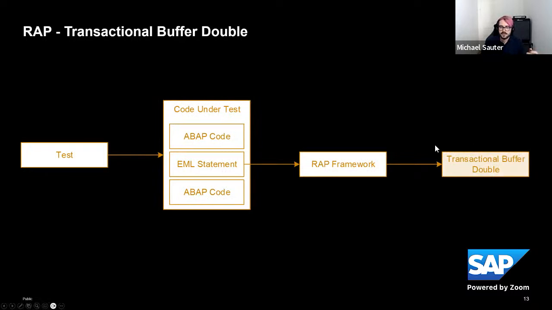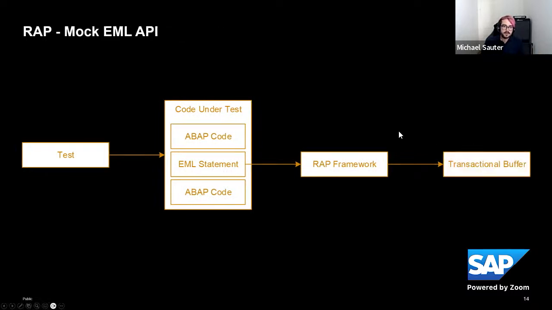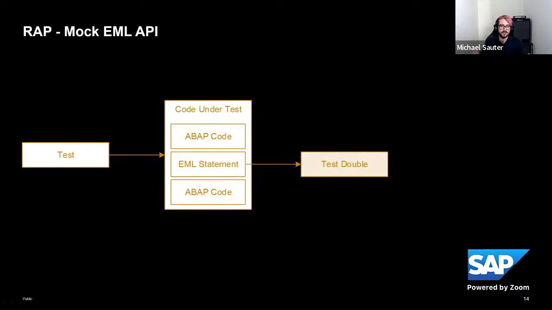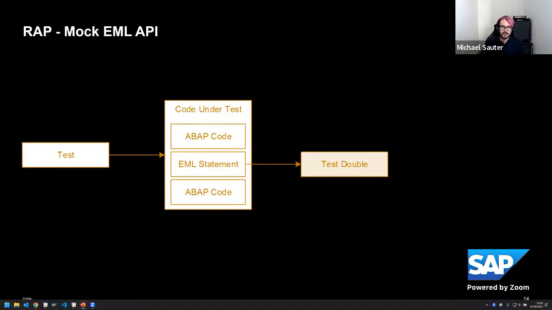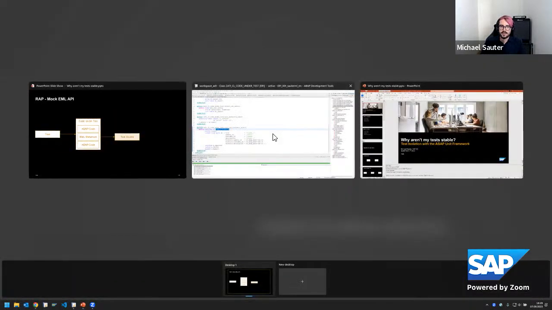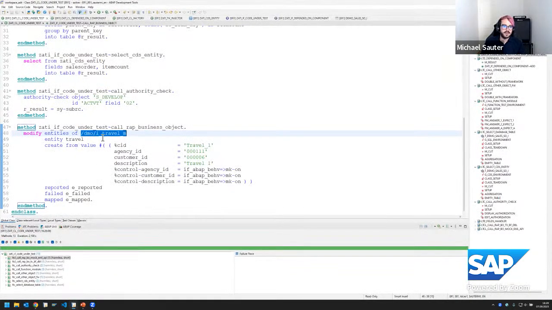That's kind of obvious. The other option you have is the mock EML API, which takes a shortcut, and you basically just define what your EML statement should return. And I'm also going to show you that in the code now.